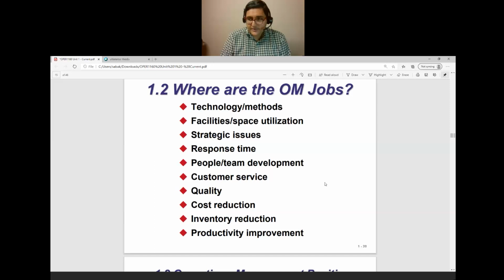Now, where are the different operations management jobs? It can be in technology, because the focus is to effectively convert your input to the output. So there are lots of areas in which you can potentially work: technology, strategic aspects, people development.